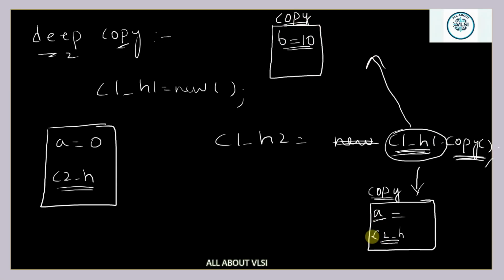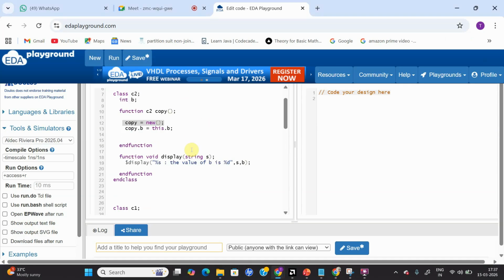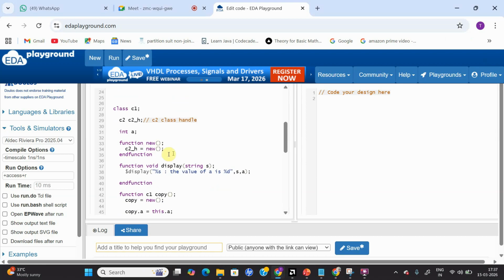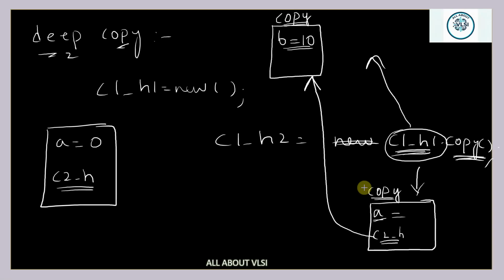That means this C2_H, which is present here, will be pointing towards this particular object. It has been created, and the C2_H which we created is pointing towards the new object created over here.